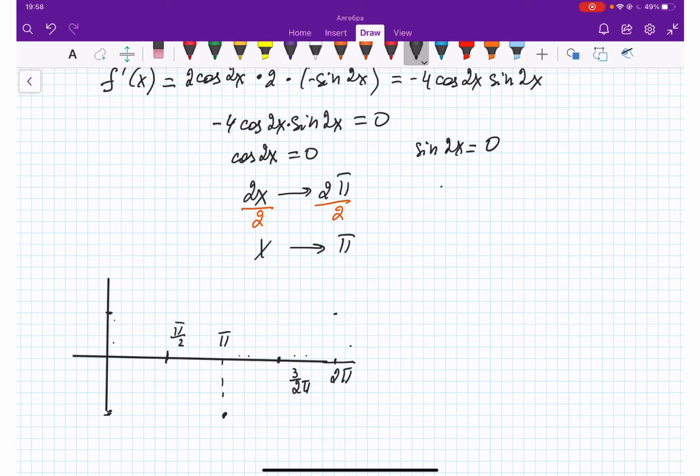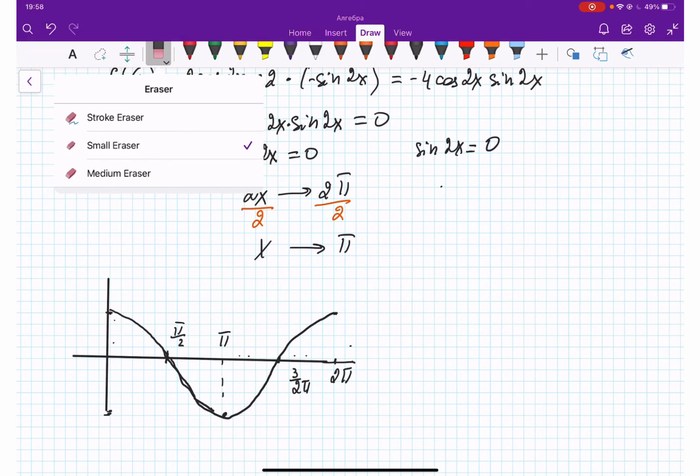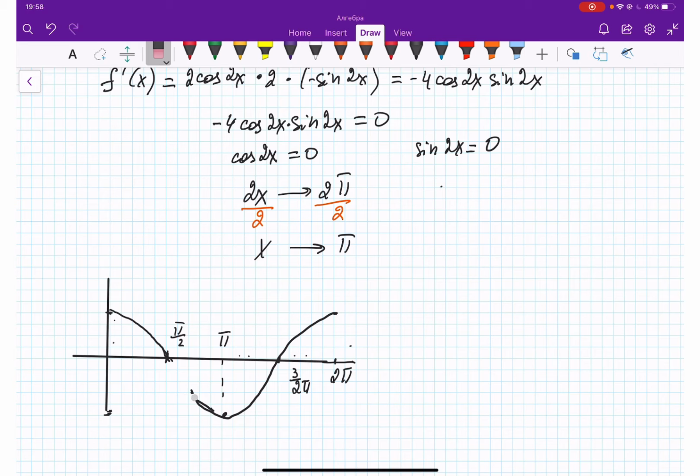So the graph is going to go like this. Okay, not bad.